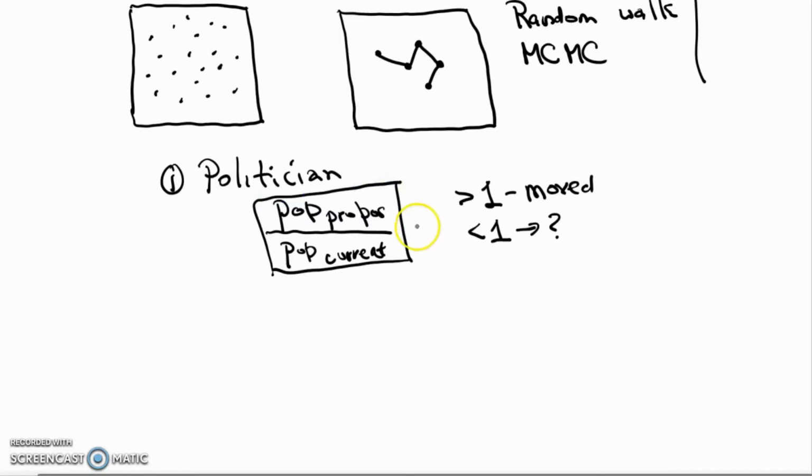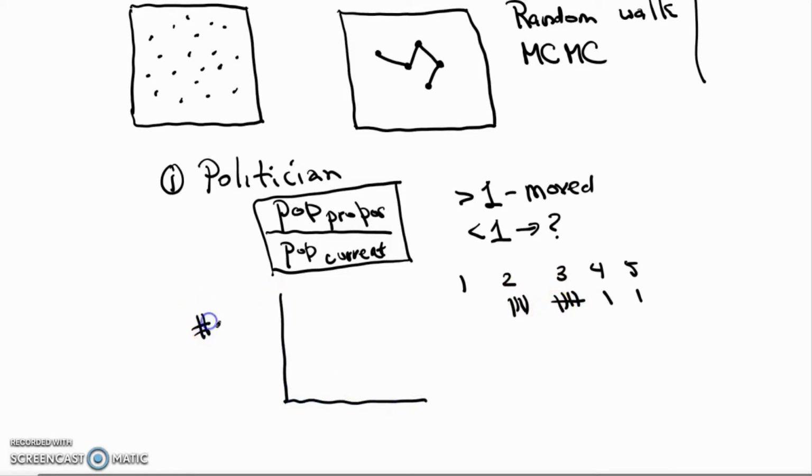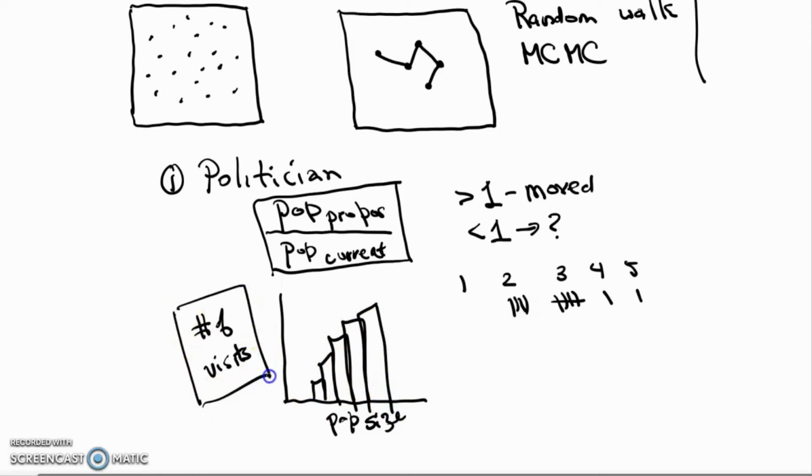And so the politician implemented this algorithm, and as it turned out, there actually were 5 islands. At each step in this process, they would tally the island that they were currently on, and ultimately that would achieve the objective in the sense that if one were to plot the number of visits against population size for the 5 islands, one would find indeed that the number of visits was proportional to the population size.